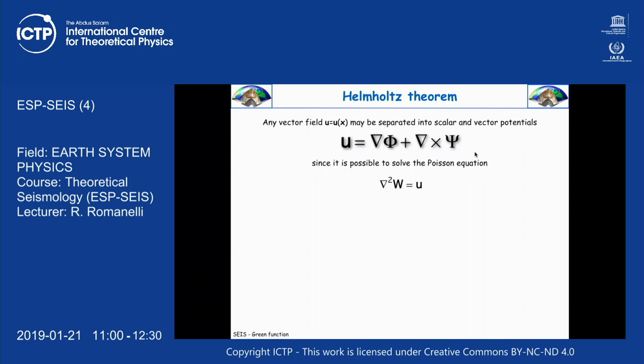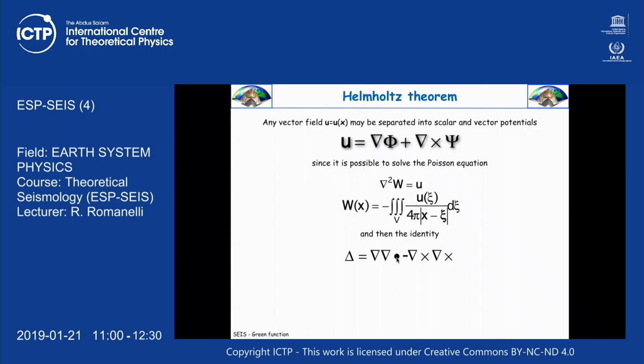Then the game that you have to play is, okay, let's consider the Poisson equation of a general W related to U. You solve it, and you get this solution here. That is very similar to the Helmholtz problem that we solved for the Green's function with an isotropic problem. Once we get W, and it's algebra, so we have to compute the volume integral of U, we can find the solution using this identity, because the Laplacian can always be written as the gradient of a divergence minus the curl of a curl.